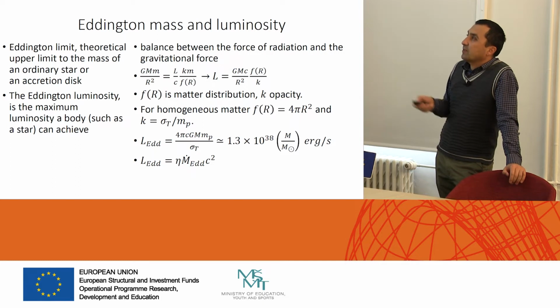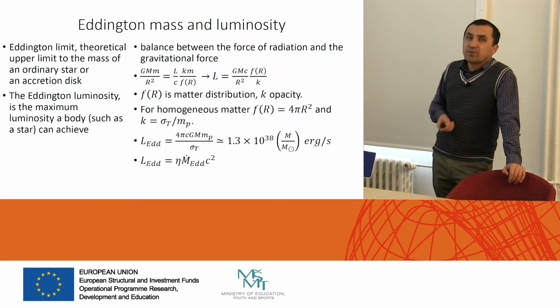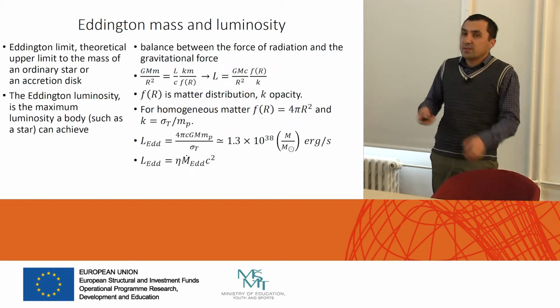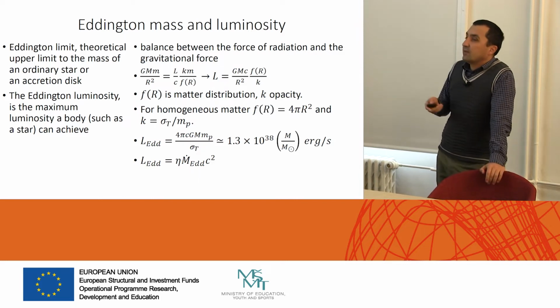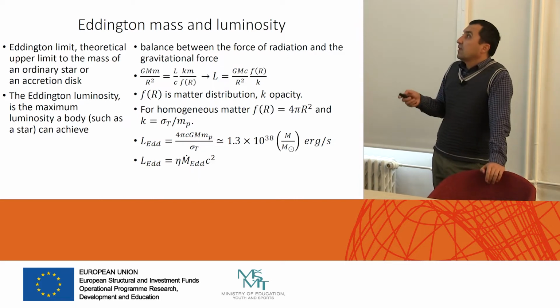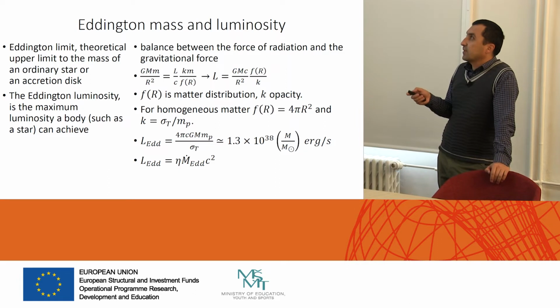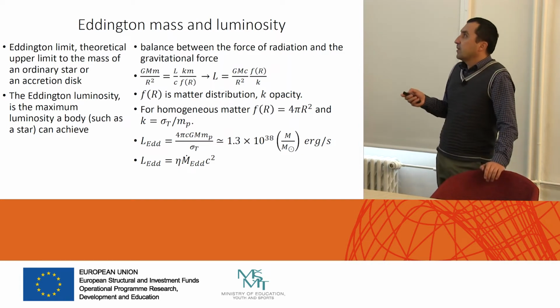This corresponds to the matter distribution, and here kappa is the opacity, which is proportional to the Thomson scattering of photons with the electrons or protons in the medium. If the matter of the star or accretion disk is homogeneous, we consider a spherically symmetric star.